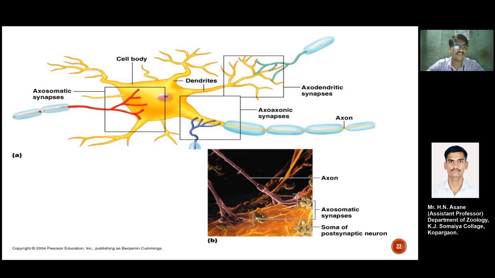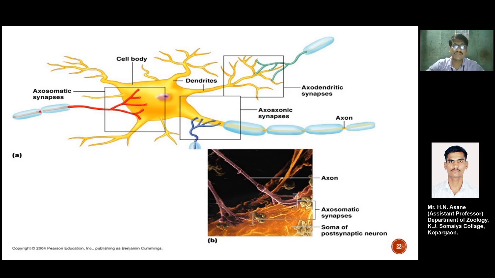The axodendritic synapse means the nerve endings transmit the message to the dendrites, so the axon terminals pass their signals to dendrites as receiving signals.